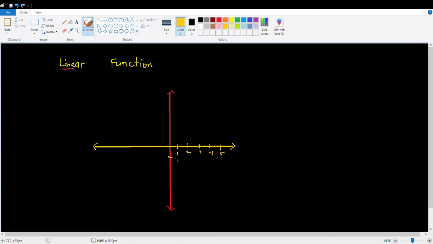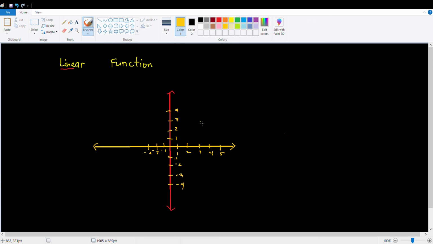We have -1, -2, -3, -4, and we also have 1, 2, 3, 4, and also -1, -2, -3, and so on to infinity.